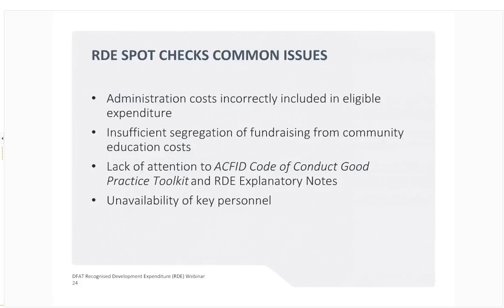Something we've noticed in recent years is sometimes some NGOs have been allocating a portion of their administration costs into program support, and that's not in accordance with the ACFID Code of Conduct definitions for administration costs and program support. So that's something that we'll be looking at when we come to do RDE spot checks.